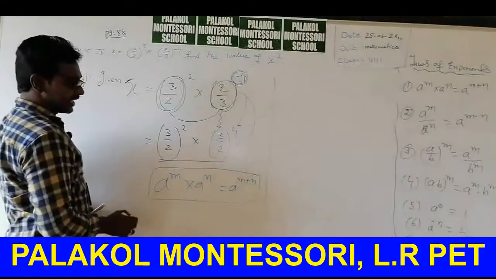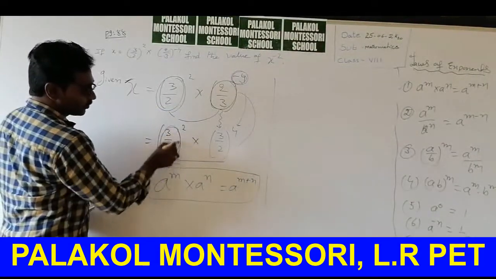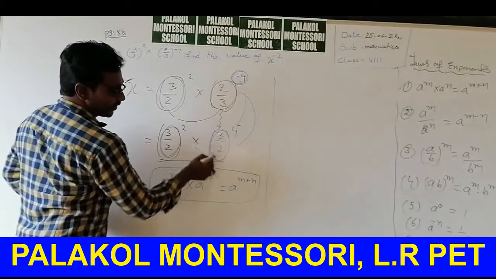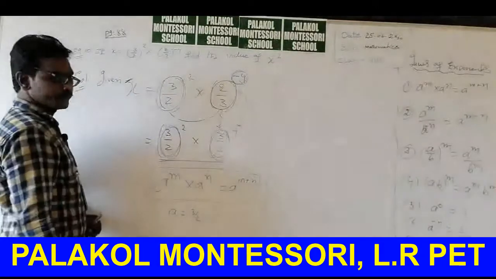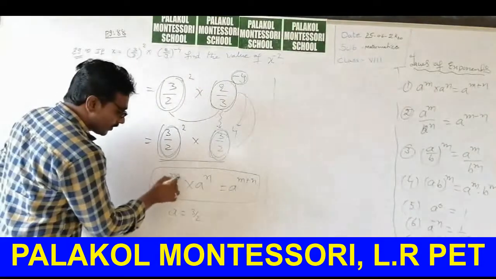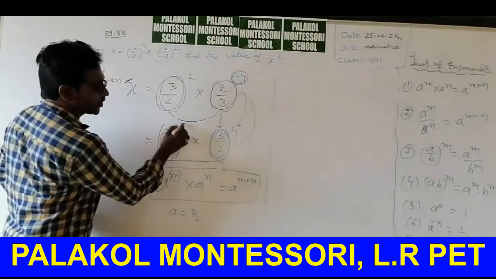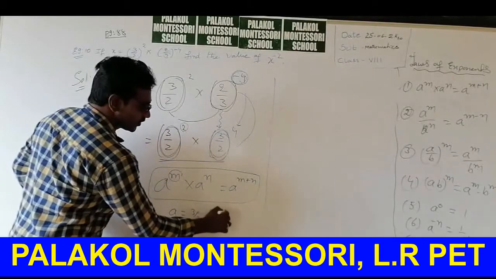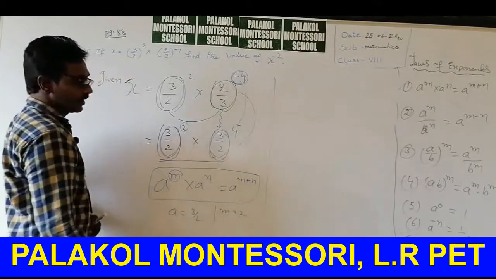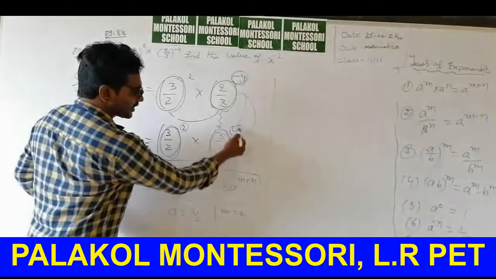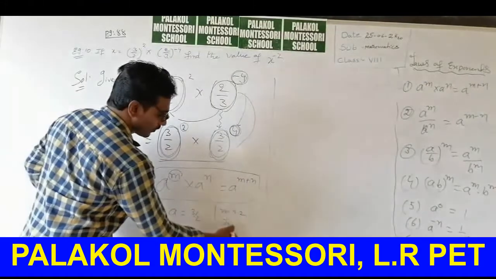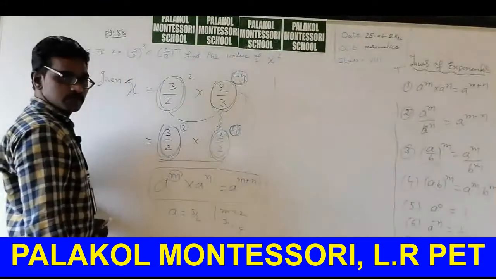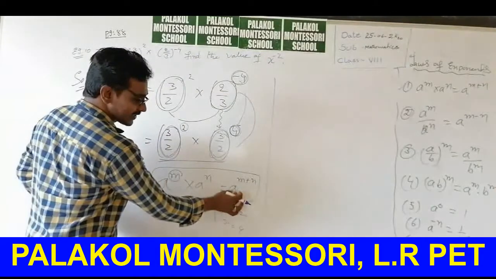So, in this case, the base is 3 by 2. That means a value is equal to 3 by 2. A to the power m: here a to the power 2, so m is equal to 2. Here in the n place, which value is there? 4. So, n is equal to 4. Here, what do you write in simple form?